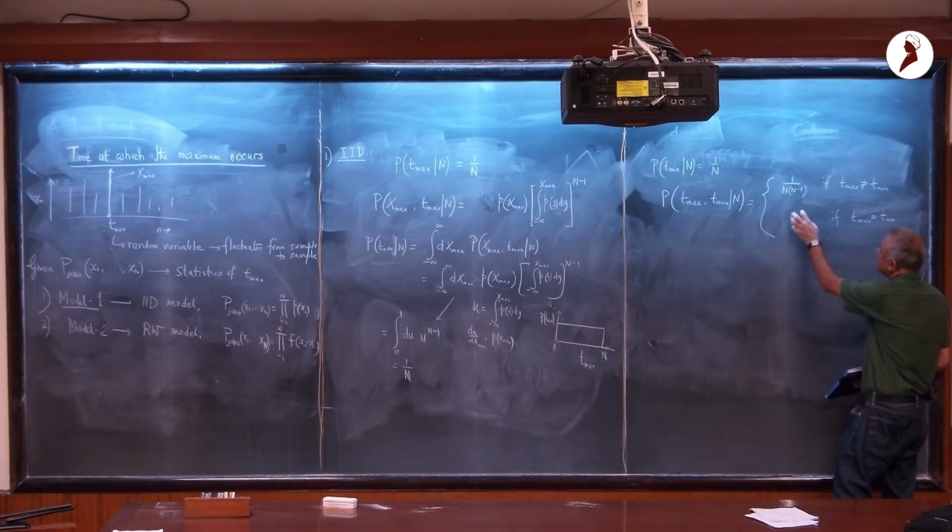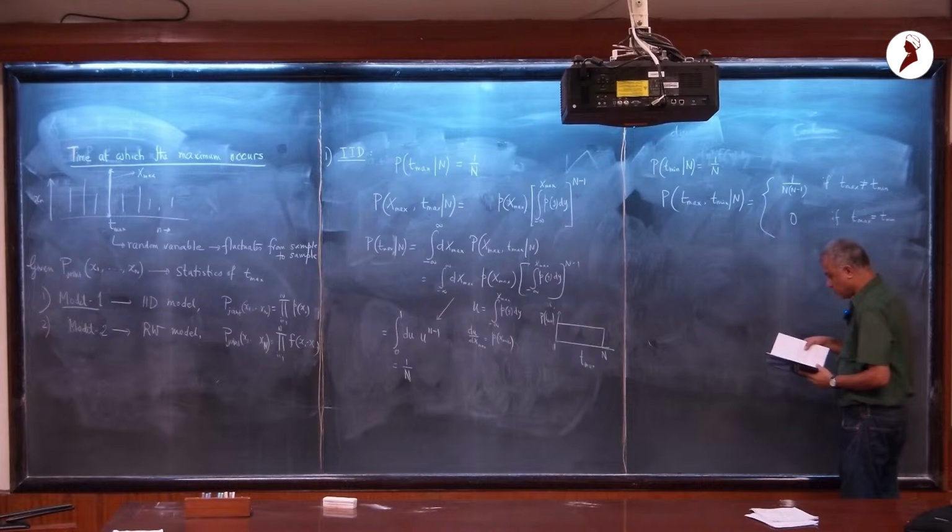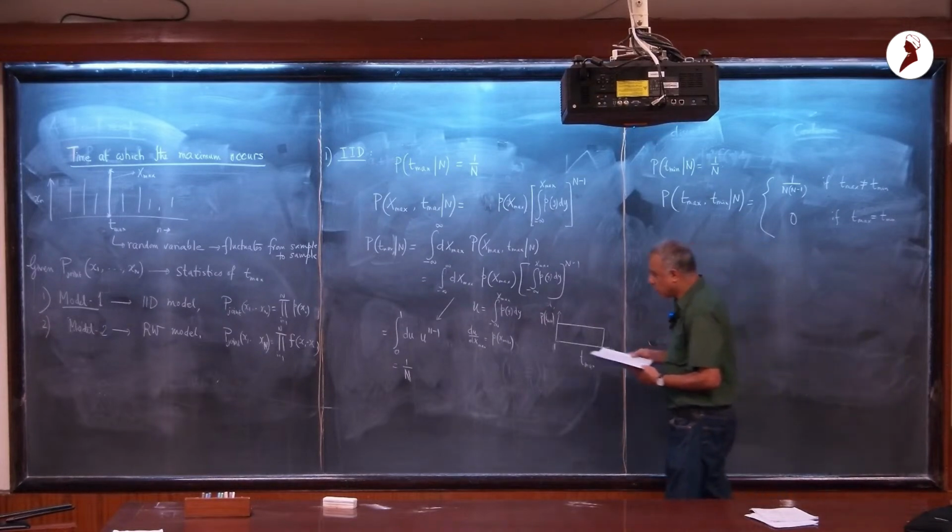So this is clearly 0. But if you take T max different from T min, then the joint distribution is given by 1 over n into n minus 1. This is, again, easy to prove.